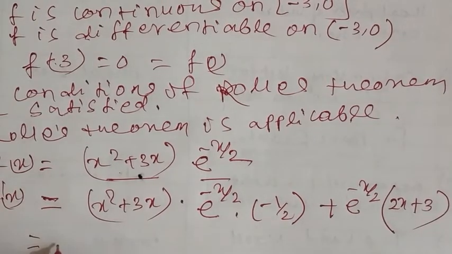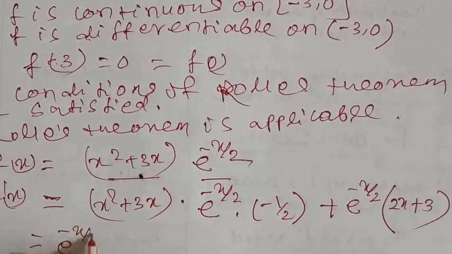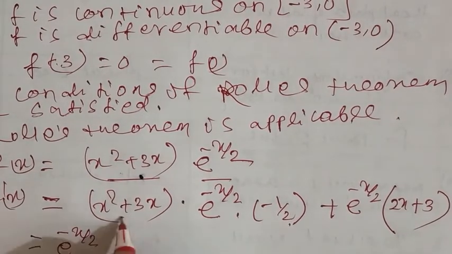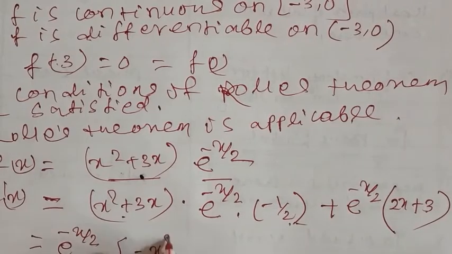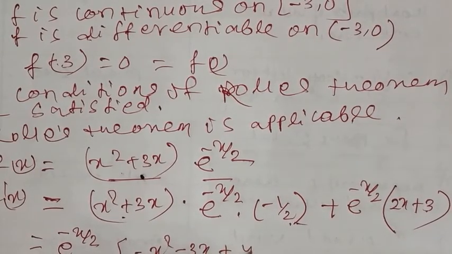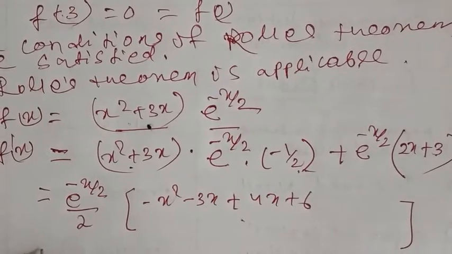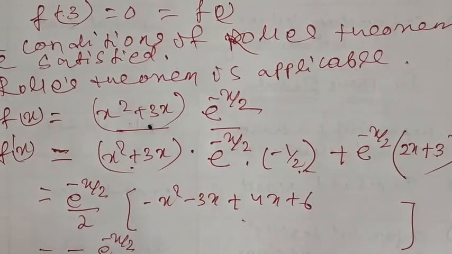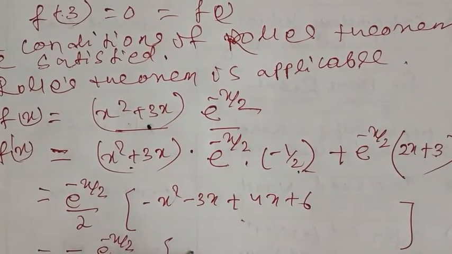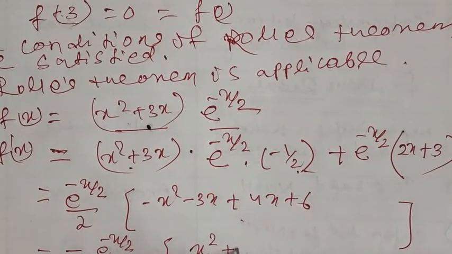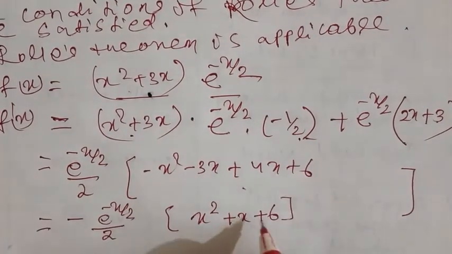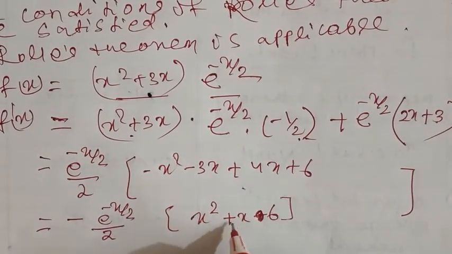Take e^(-x/2) common. What are you getting? Minus x² minus 3x plus 4x plus 6. Now take a minus common also. So minus e^(-x/2) whole into (x² + x - 6). Plus 6, no, minus 6.